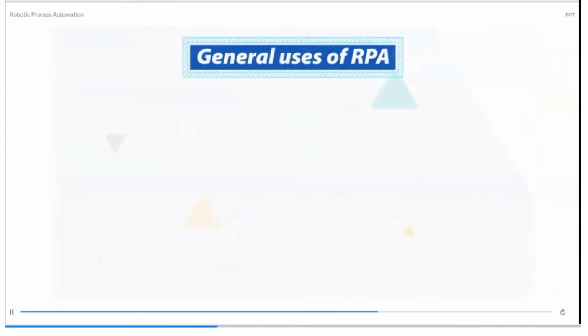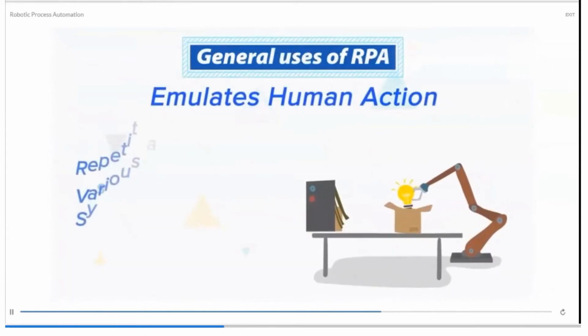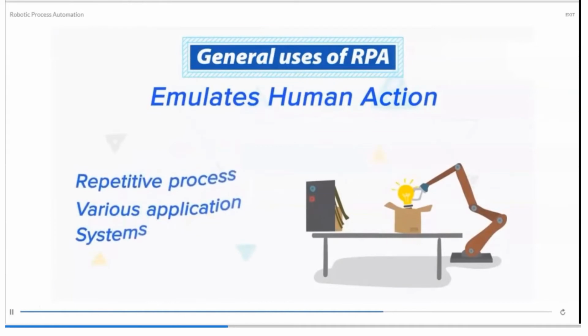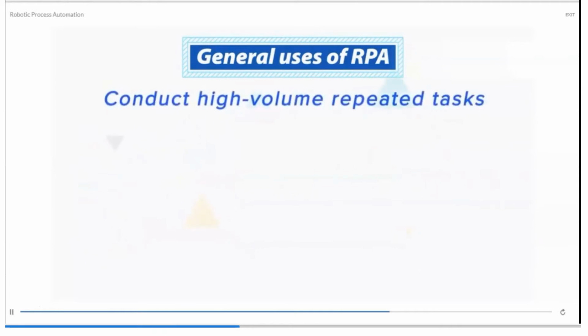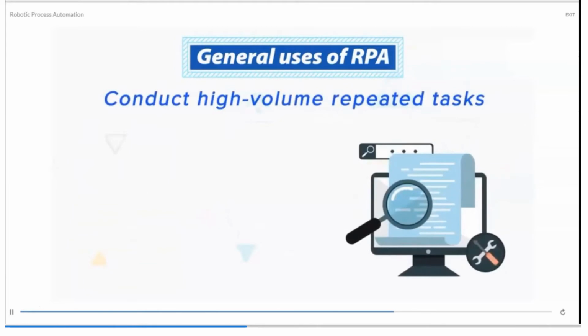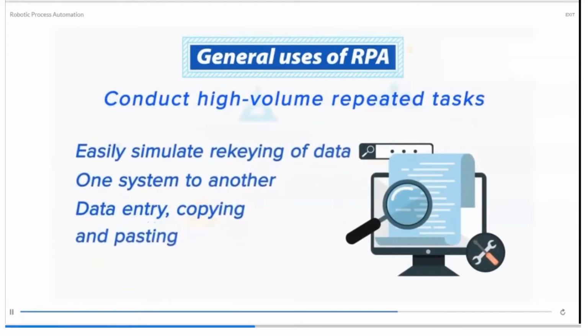So the general uses of RPA are, first, it emulates human action, in the sense of repetitive processes in various applications and systems. It also involves conducting high-volume repeated tasks, that is, easily simulating rekeying of data from one system to another, data entry, and copying and pasting can be done using this RPA.